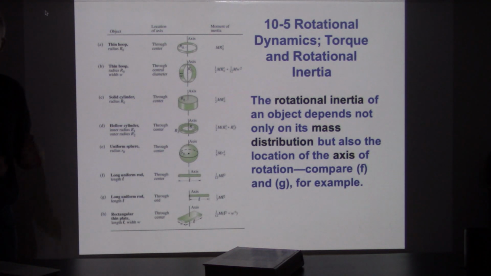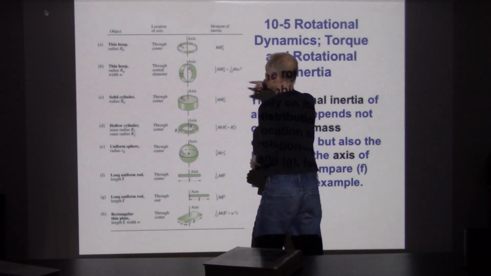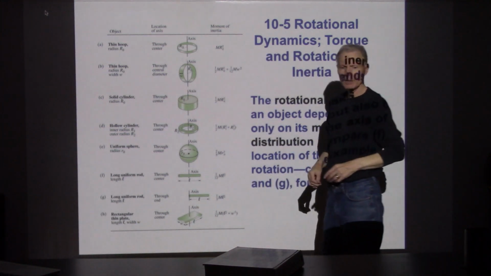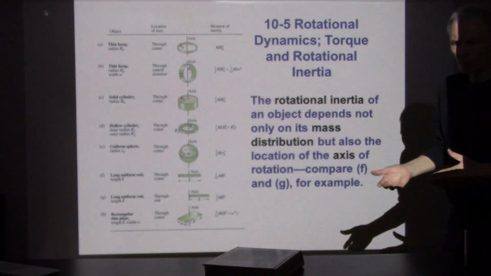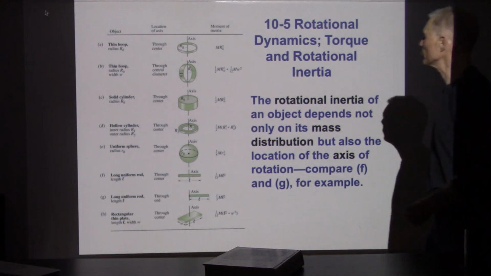All the mass is at a distance r. If all the mass is at a distance r naught, then the rotational inertia will be mr squared, because when I integrate over that shape, it's going to have all the mass at the very same value of r.